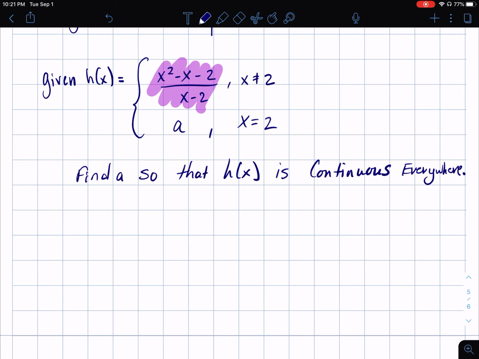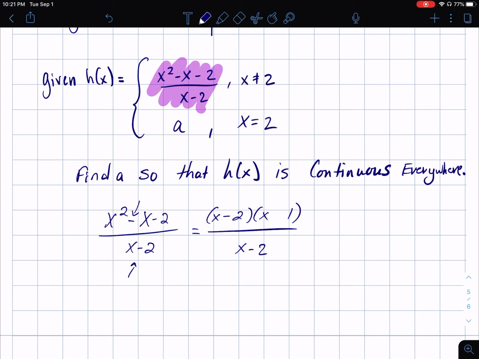So let's explore that a little bit. Okay, so I know that the bottom of this is going to be undefined when I have 2. So let's see if we can factor the top of this. So factors of 2 that subtract to 1 are going to be 2 and 1. Highest number gets this sign, so that's negative, and they're going to be different, so x plus 1.